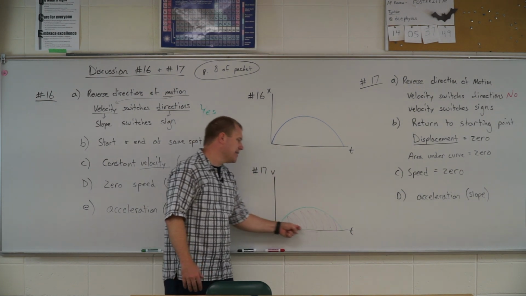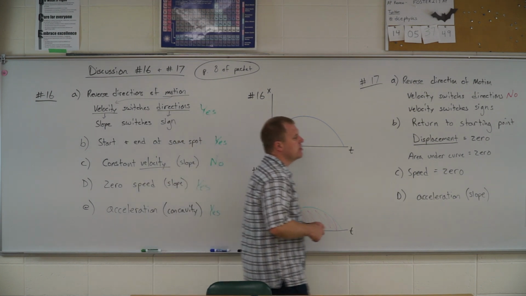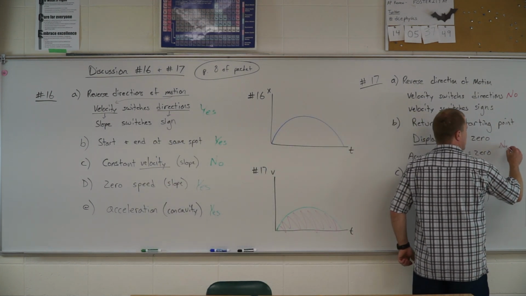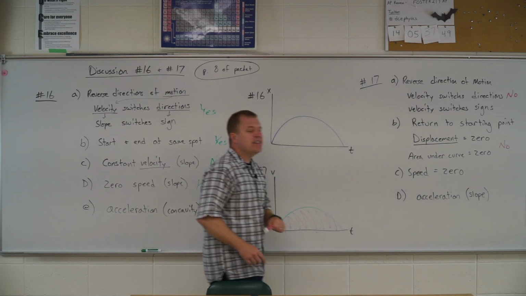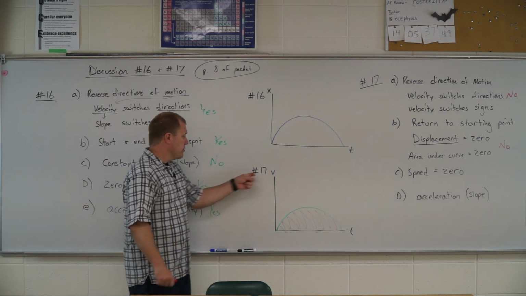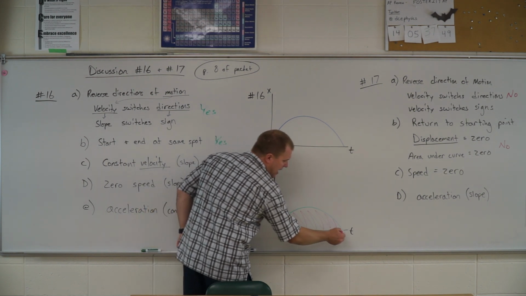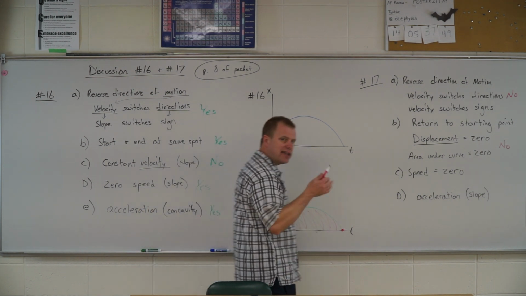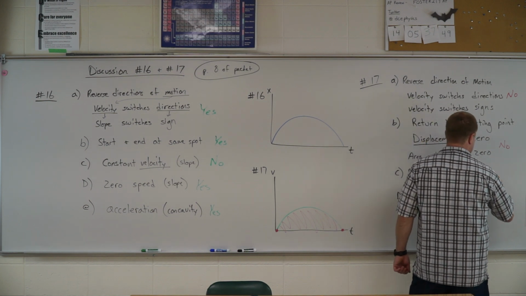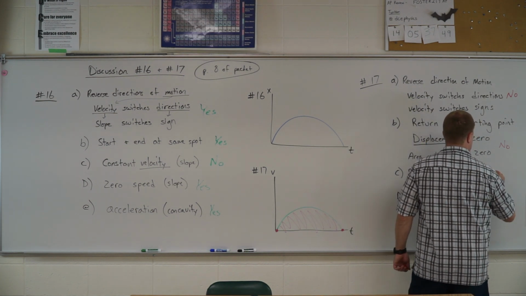So this has a positive displacement. So the answer would be no, it does not return to its starting point. All right. Does the speed ever reach 0? So is my velocity ever 0 at any point? Yes, right here at the start and right here at the end. So yes, the speed does reach 0. Oops. That is a yes.